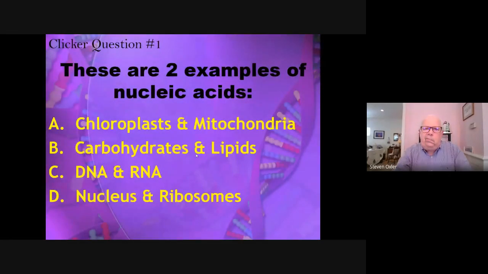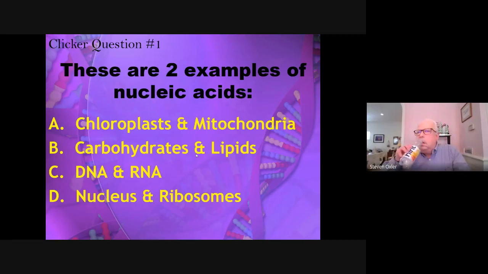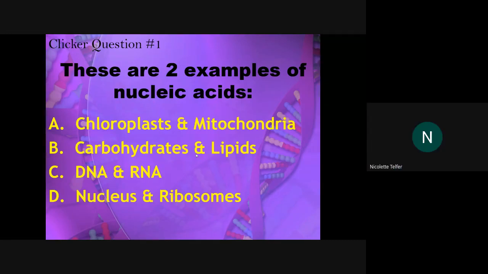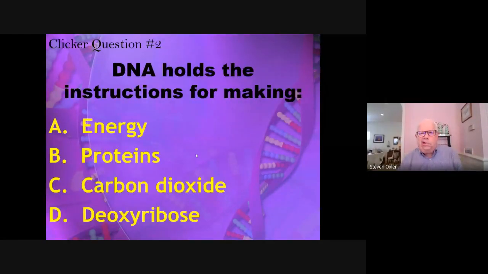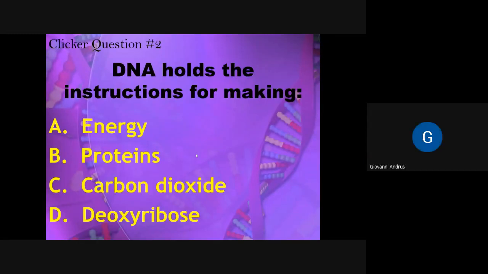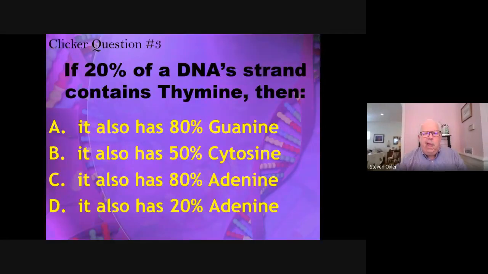So here's a question. These are two examples of nucleic acid. Somebody give me an answer. DNA and RNA? DNA and RNA, you are correct. DNA holds the instructions for making proteins. Proteins, correct. If 20% of a DNA strand contains thymine, then it also has 20% adenine.